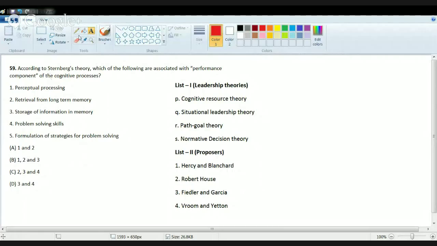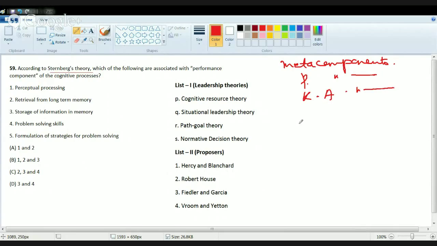Now Sternberg's theory gave three components: meta components, performance components and knowledge acquisition components. Here we are talking about just the performance component.